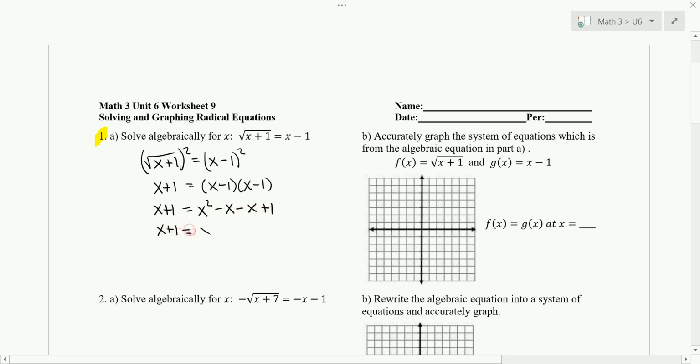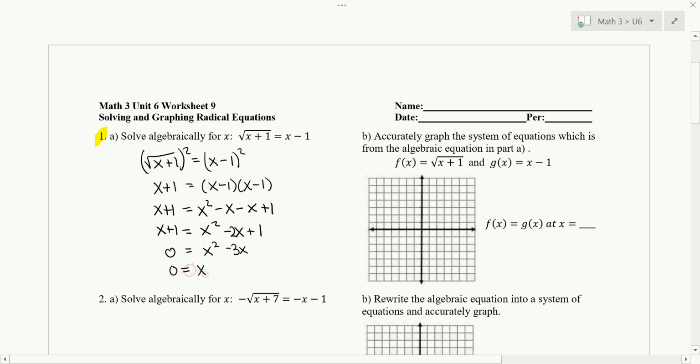Because this is quadratic, we want to make one side of the equation equal to 0. So I'm going to subtract x from both sides and subtract 1 from both sides. When I subtract x, I get negative 3x, and when I subtract 1, I get 0. So 0 is equal to x squared minus 3x.